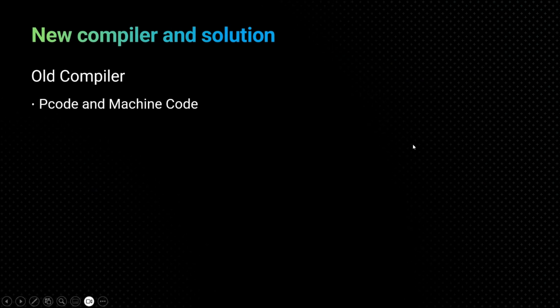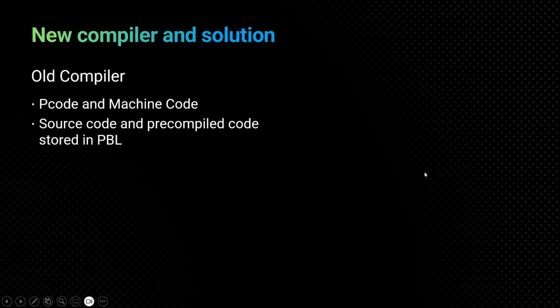So let's talk about the new compiler and solution. The old compiler can do P-code and machine code. The source code and the precompiled code are both stored in the PBLs. That's why when you hit run on the PowerBuilder toolbar, the application starts right away: every time you hit the save button in the PowerBuilder IDE, PowerBuilder compiles the code and stores the precompiled code in the PBL.